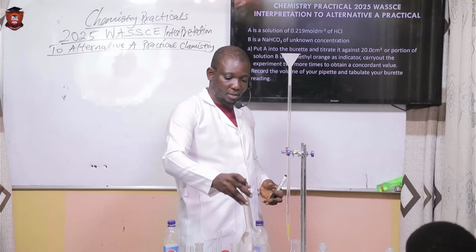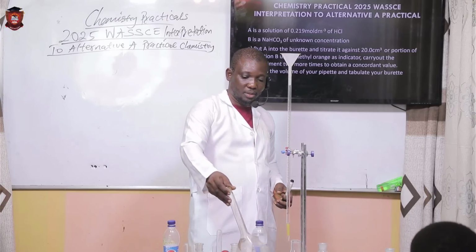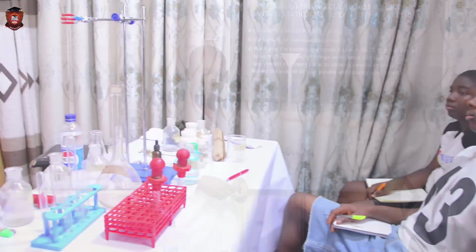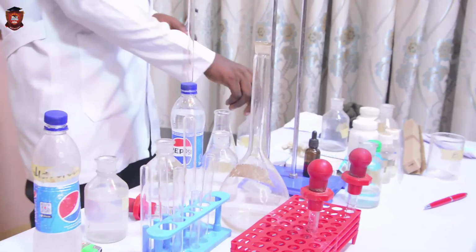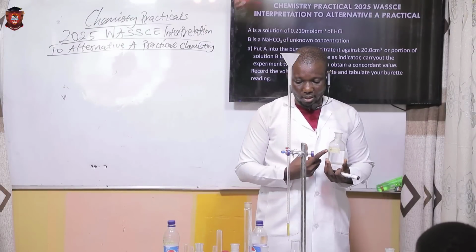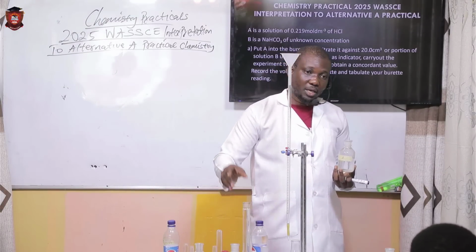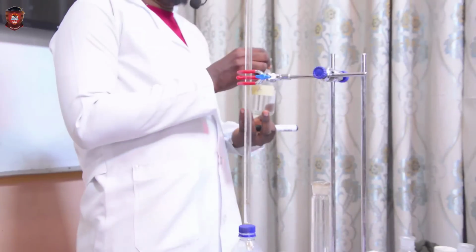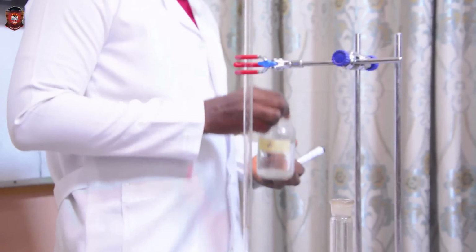This is not for students anyway, so for teachers watching us, the concentration of A has already been prepared, and then we have it in a reagent bottle labeled A. So we've been able to prepare solution A using this standard volumetric flask already, even though A is not a standard primary reagent, but there's a way we've been able to prepare it. So this is basically for chemistry teachers, not for students.